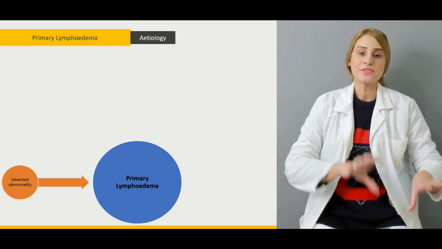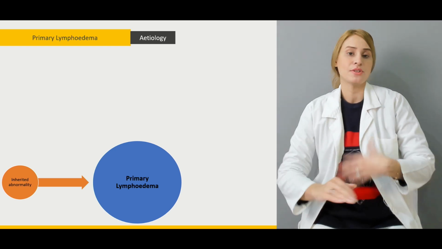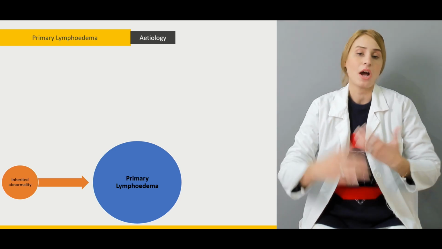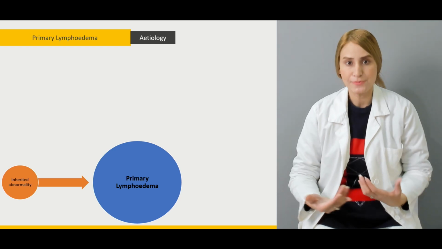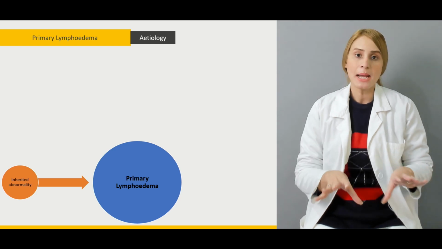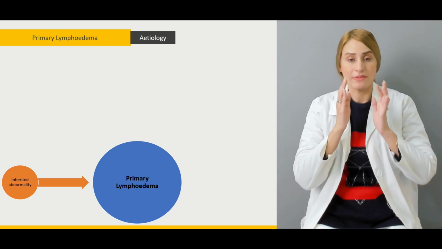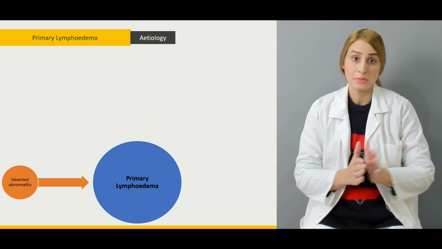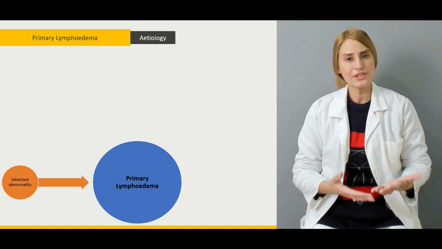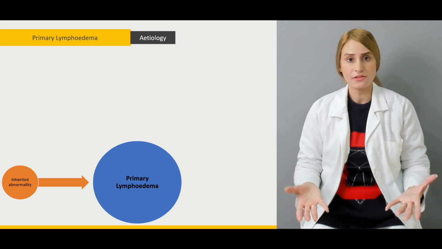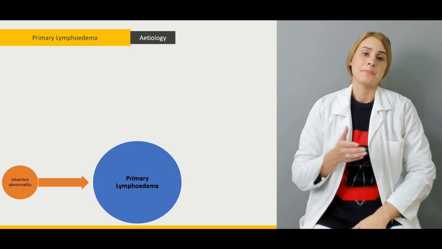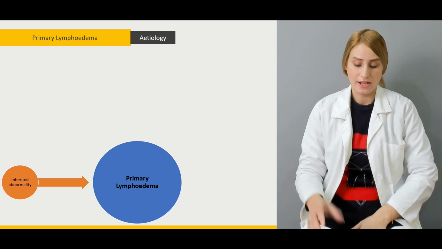Sometimes the mutations are inherited, and sometimes they are sporadic, where the patient develops the mutation in the process of gene transcription or translation. So keep in mind that inherited abnormalities are mostly the familial cases, and they are usually because of mutations or abnormalities in the vascular endothelial growth factors or in the FMS-like tyrosine kinase receptors.